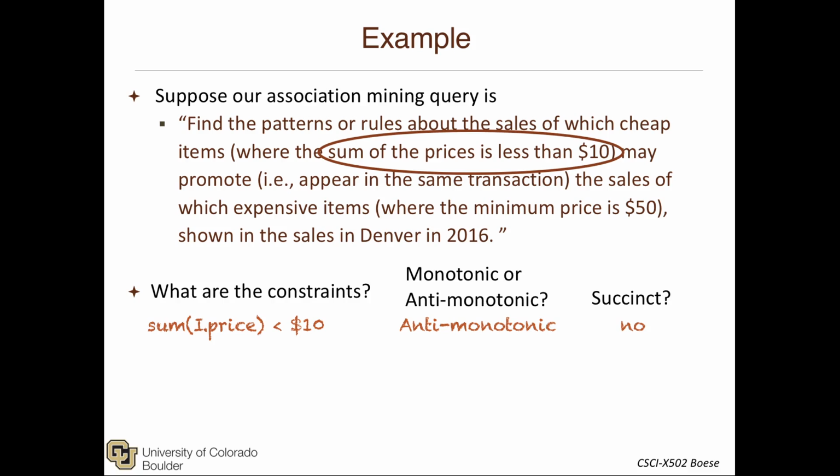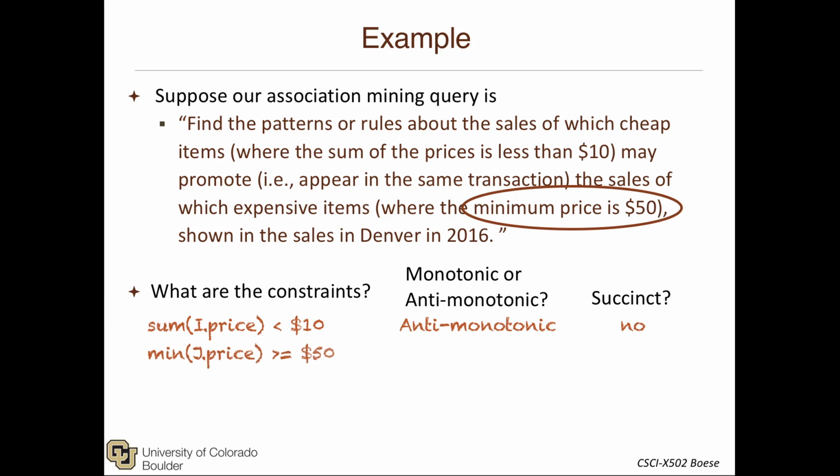So the next constraint in our text, the minimum price is $50. So we can write that out. The min of our subset price here is greater than or equal to $50, the minimum. Okay, so is that monotonic or anti-monotonic? So remember that monotonic, if an item set S satisfies the constraint, so does any of its supersets.